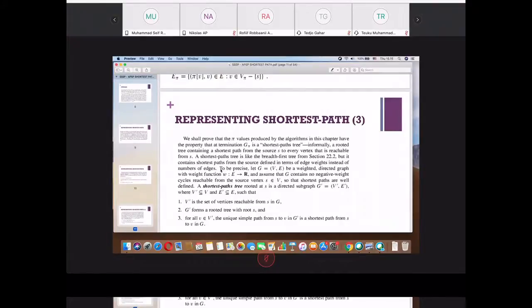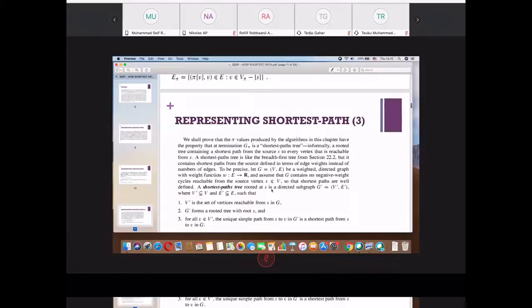And what's the result of this problem? What's the solution of this problem? Okay, to be precise, let G be a weighted directed graph with weight function small w, where the domain of w is the set of real numbers R, and assume that G contains no negative weight cycle reachable from source vertex S in V, right?